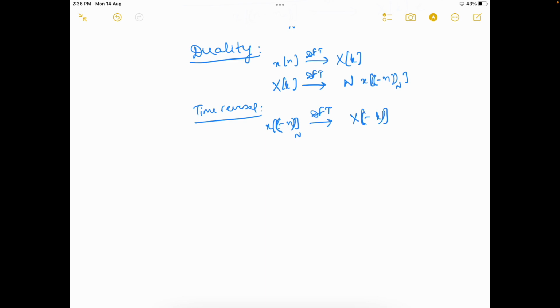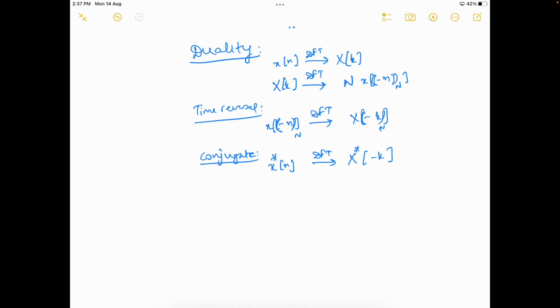Again, the modulo thing is anyways there. For x*[n], the DFT will be X*[-k]. Okay.